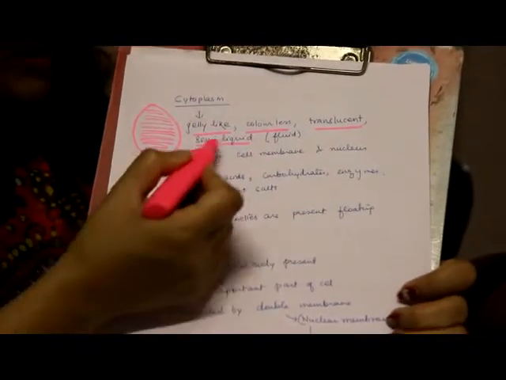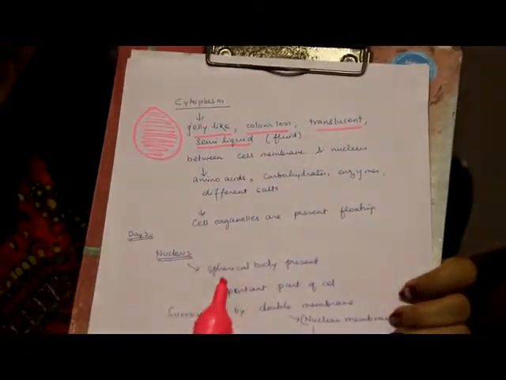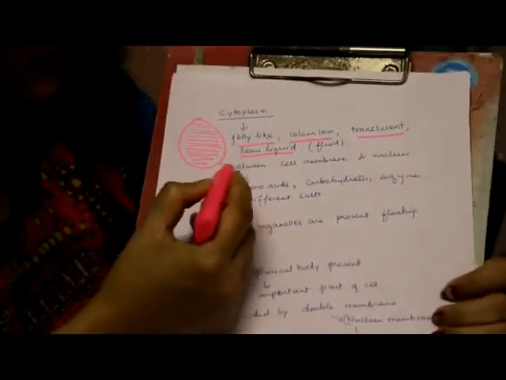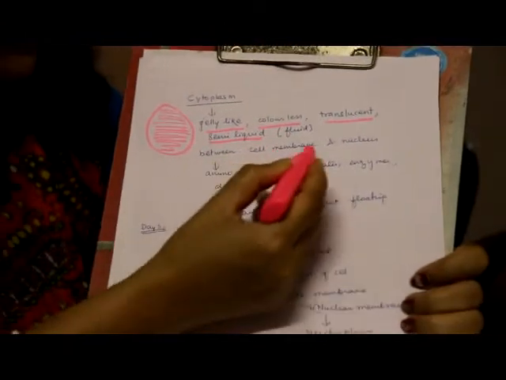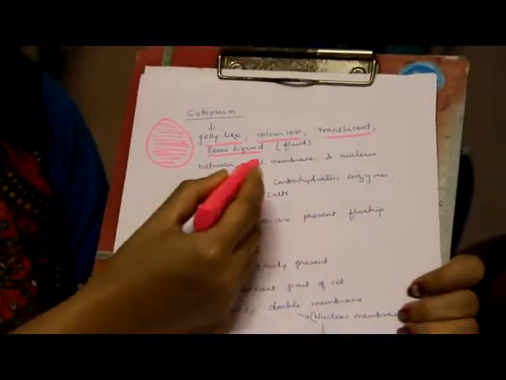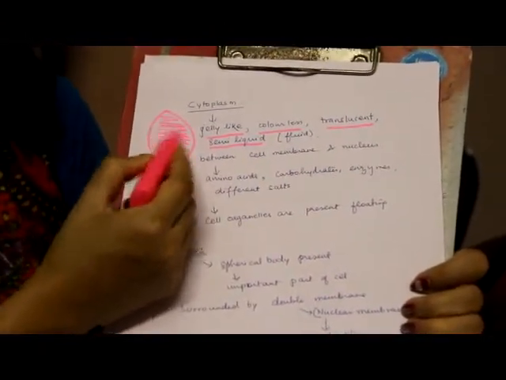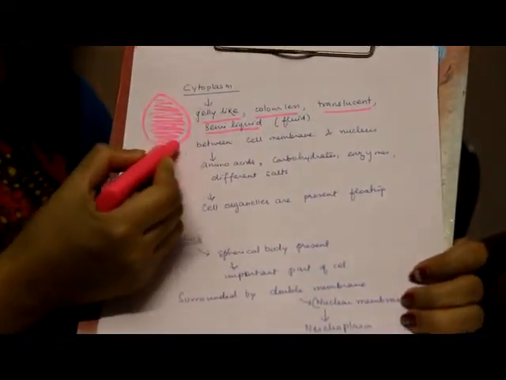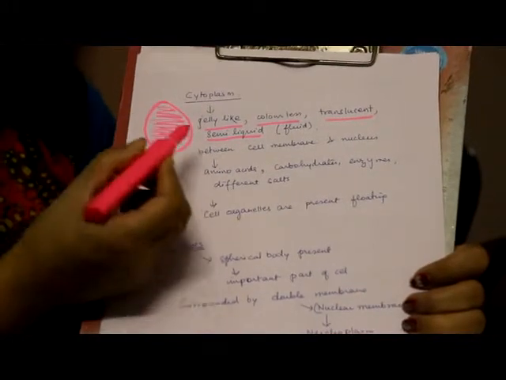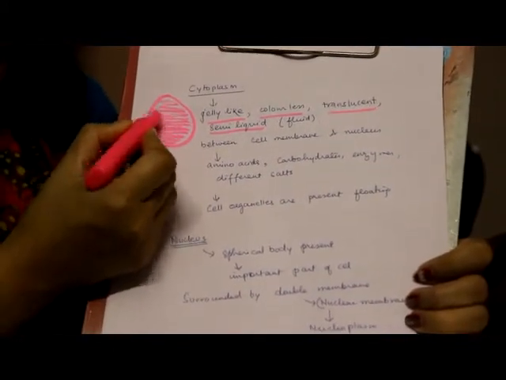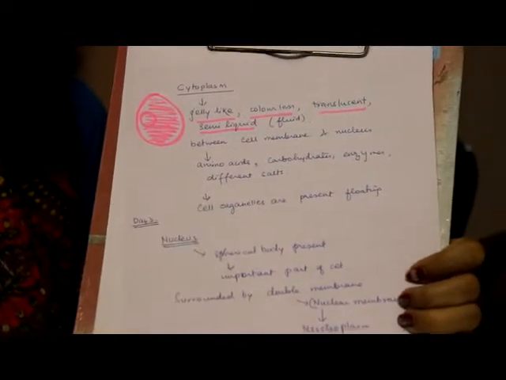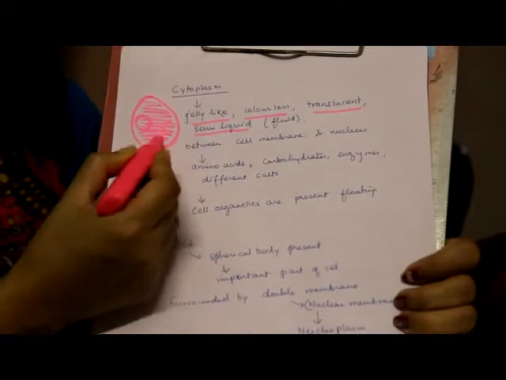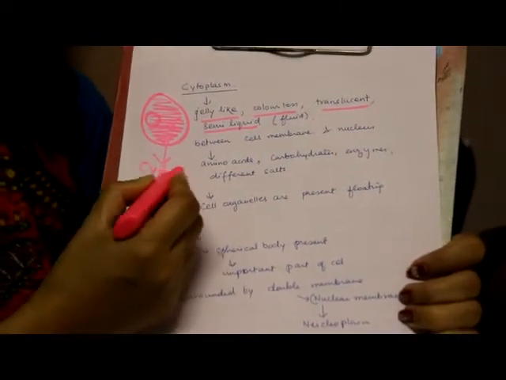Semi-liquid means not like water, but more like a kind of sauce. The cytoplasm is present on the inner side of the cell membrane, and there is a nucleus, which we will learn next. Between the cell membrane and the nucleus is the part where the cytoplasm is present.